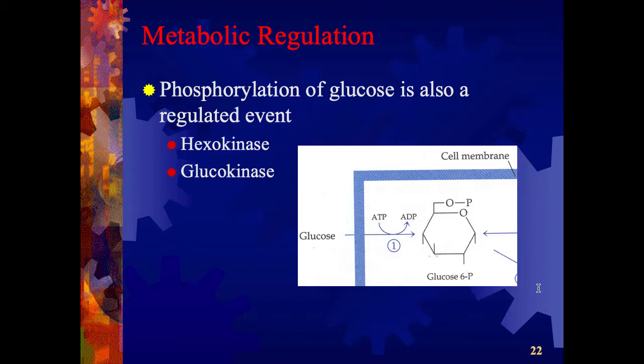Hexokinase, low Km. Right, that means high affinity. And what else? It's down-regulated by glucose 6-phosphate. What do we call that? Feedback, negative feedback, feedback inhibition. All right, it's basically slowed down by product.